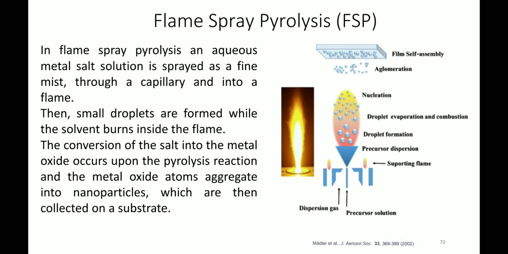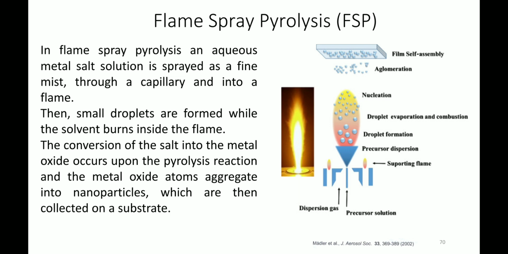The conversion of the salt into metal oxide occurs upon the pyrolysis reaction. So what type of reaction is going on? Pyrolysis reaction. That's why we call this flame spray pyrolysis. Because the pyrolysis reaction is going on for the formation of metal oxides, and the metal oxide atoms aggregate into nanoparticles, which are then collected on a substrate.